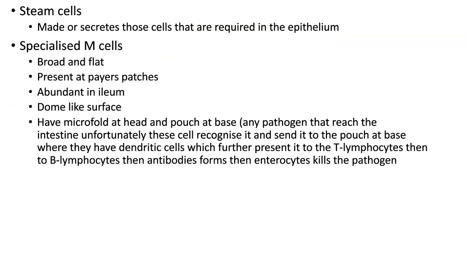They are broad and flat, present at the Peyer's patches, abundant in the ileum. It has a dome-like surface with microfolds at the head and a pouch at the base.